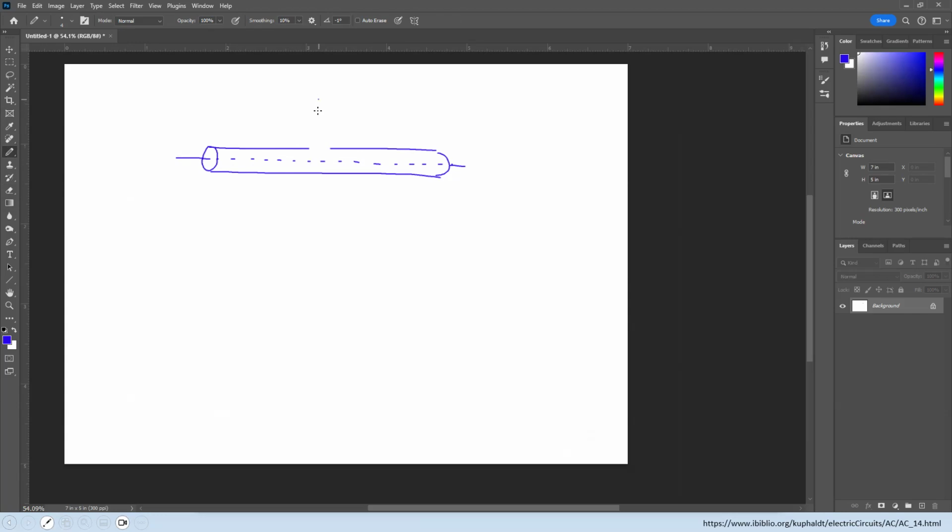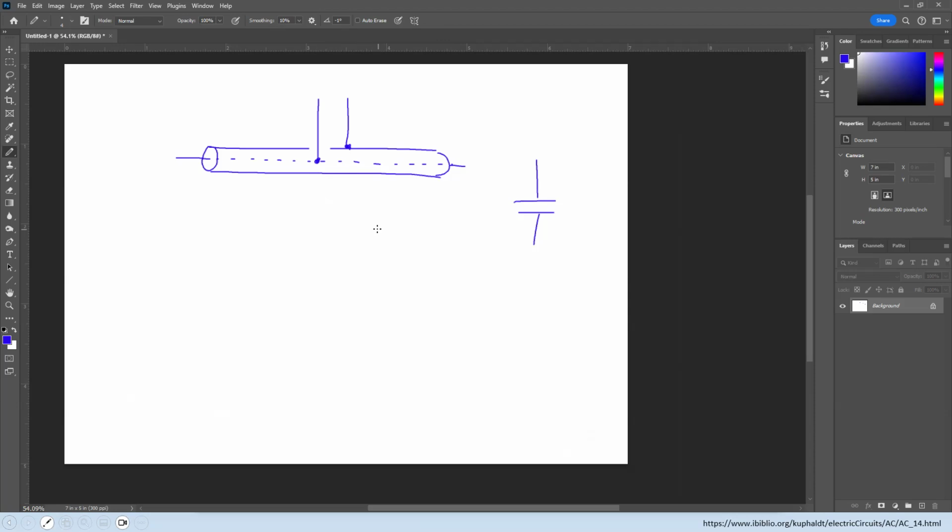And if we run a wire and connect that to the inner conductor, the center conductor, and the other wire we connect to the outside conductor, what we have done is we just made a capacitor out of it. We have two plates of certain size separated by a certain distance.